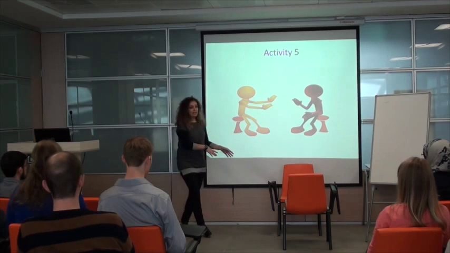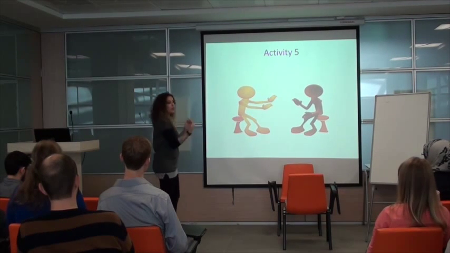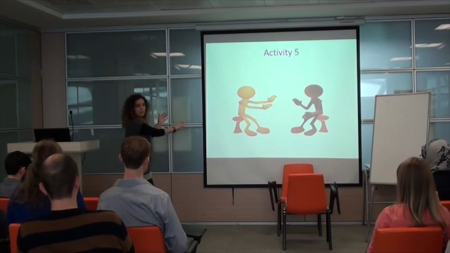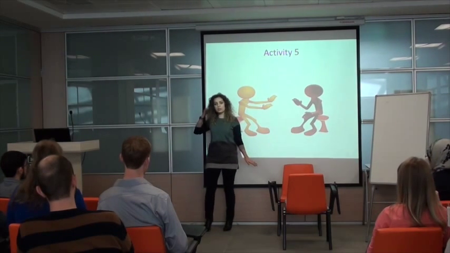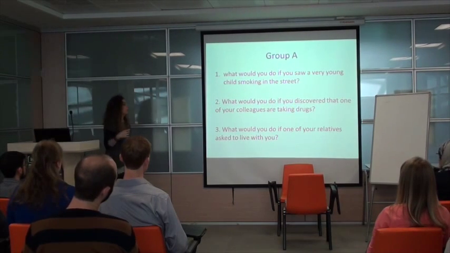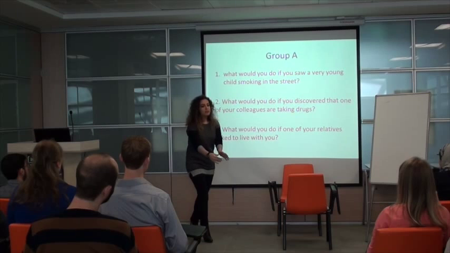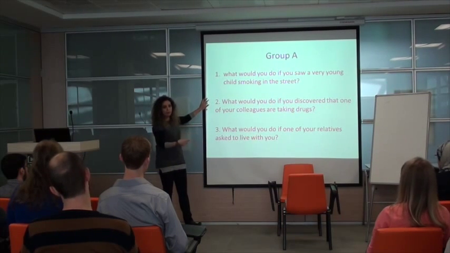Student As turn their backs to the screen. Student Bs turn their faces to the screen. And student As don't see the questions. I prepare the questions from the book. Student Bs read the questions to student As one by one, loudly.